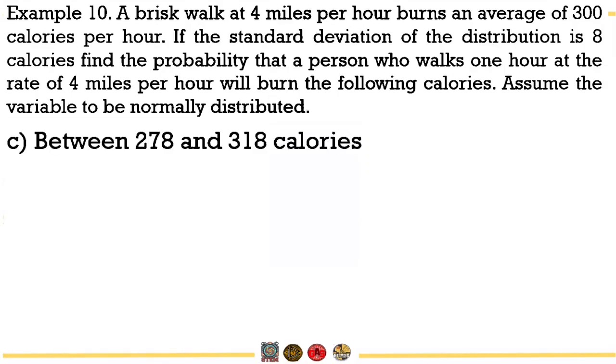What is the probability that the person will burn between 278 and 318 calories? So given, okay, so we have two x values. So x1 is 278 and x2 is 318. So we will solve their z values respectively.